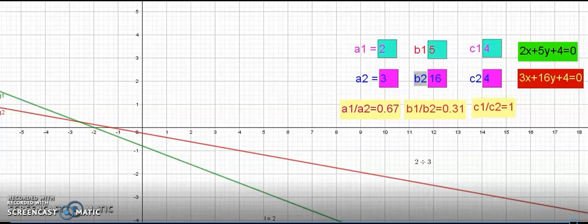So based on this concept, you will be given either to write an equation of a parallel line to the given line or equation of an intersecting line to the given line or a coincident line. So just make sure how these ratios have to be written to get the required line.